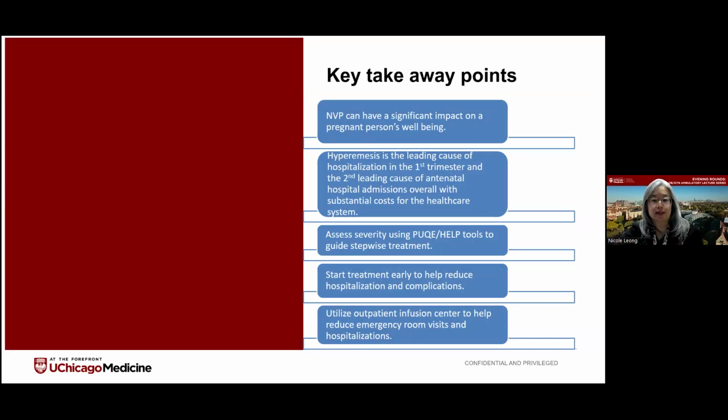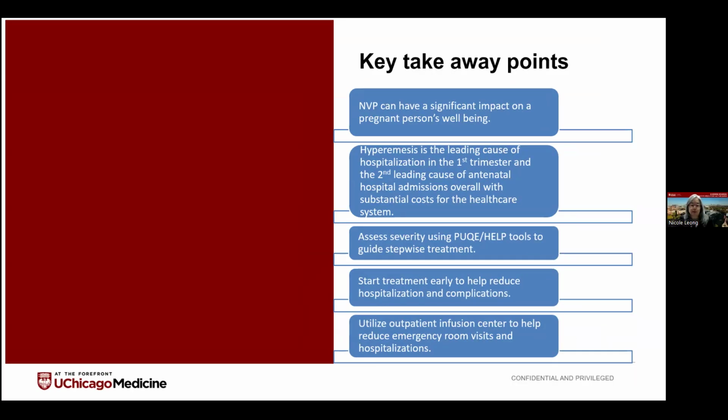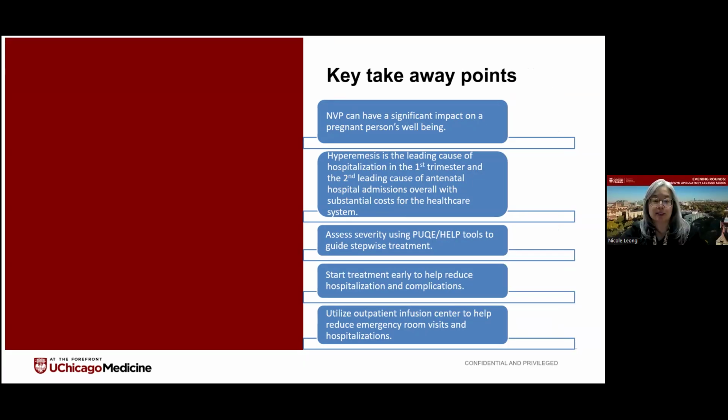And so in conclusion, some key takeaway points, just to review and recap. Nausea and vomiting in pregnancy can have a very significant impact on a pregnant person's well-being. Hyperemesis is the leading cause of hospitalization in the first trimester, and the second leading cause of antenatal hospital admissions overall, and it can lead to substantial costs for our healthcare system.